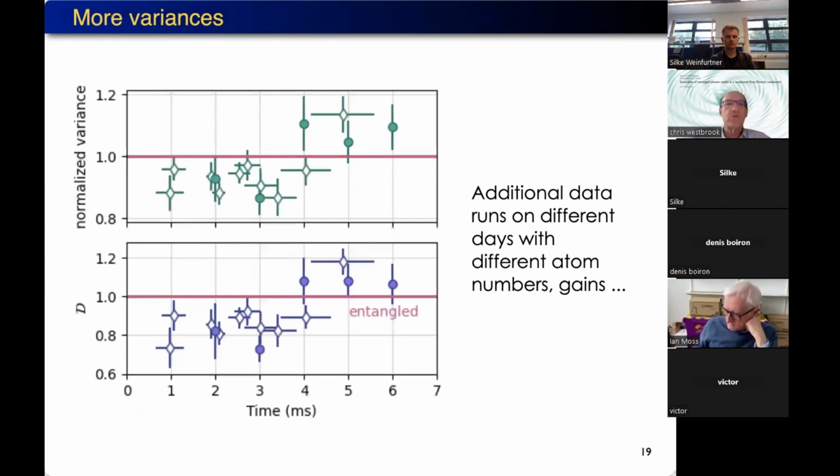Here is another plot where the full circles are the same ones as you saw on the previous one. And we've included a bunch of other runs that we've done. They're a little difficult to all put on the same plot because on different days we have a different number of atoms. That means a different gain and different conditions.